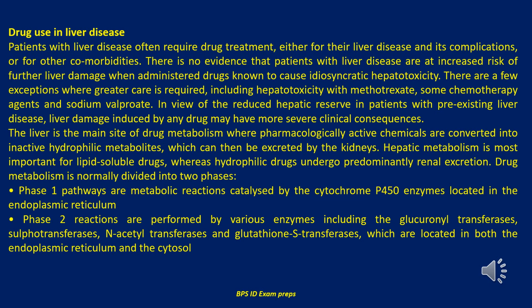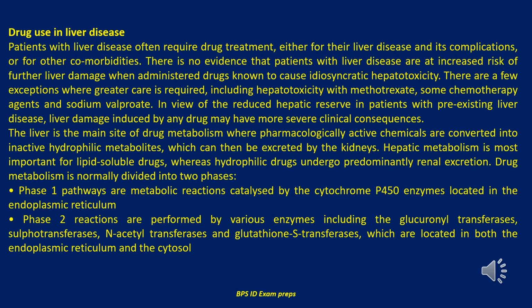The liver is the main site of drug metabolism, where pharmacologically active chemicals are converted into inactive hydrophilic metabolites, which can then be excreted by the kidneys. Hepatic metabolism is most important for lipid-soluble drugs, whereas hydrophilic drugs undergo predominantly renal excretion. Drug metabolism is normally divided into two phases. 1.